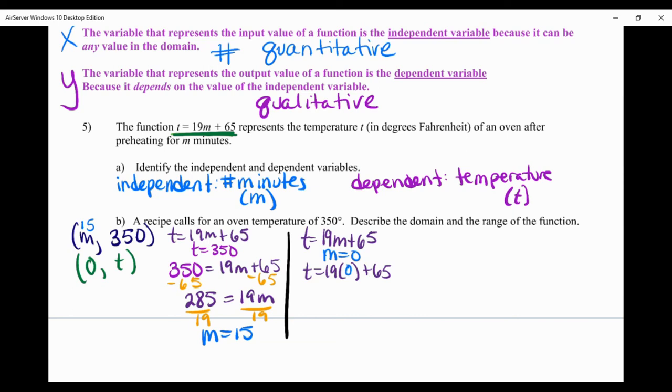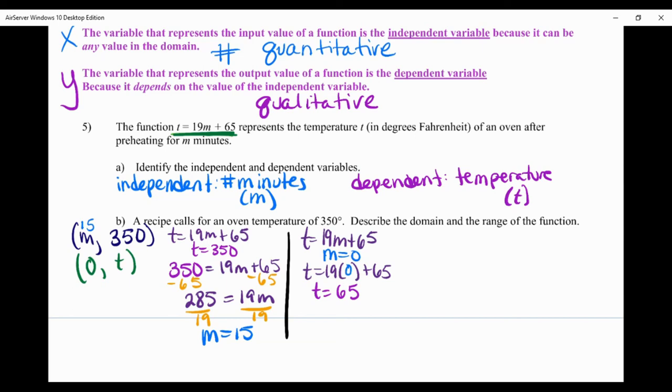Nineteen times 0 is 0, so the temperature at 0 minutes is 65 degrees. That kind of makes sense because it's definitely not going to be 0 degrees. That would be a frozen oven. So 65 is like room temperature.